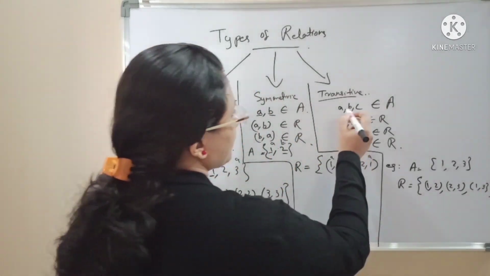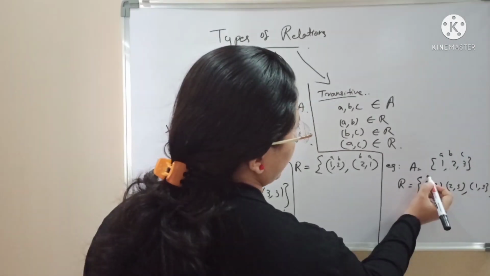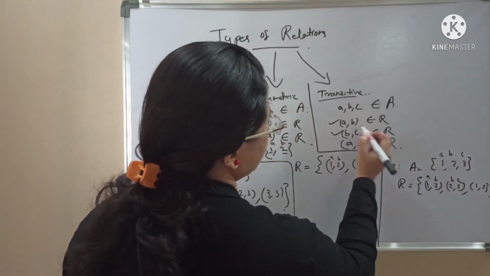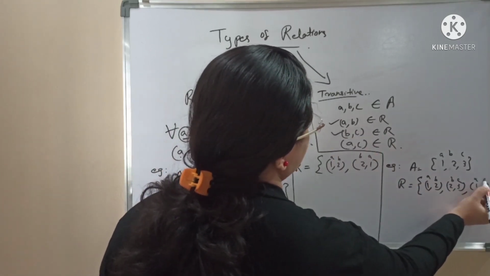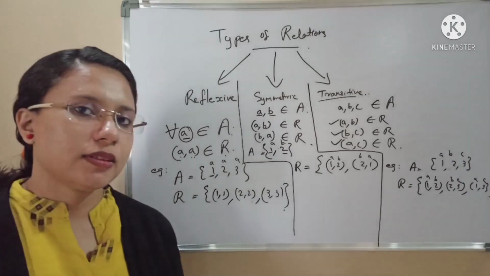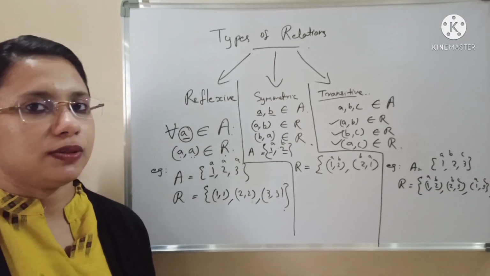Here A, B, C. So AB is 1, BC, AC. Okay, so these are the three types of relations.